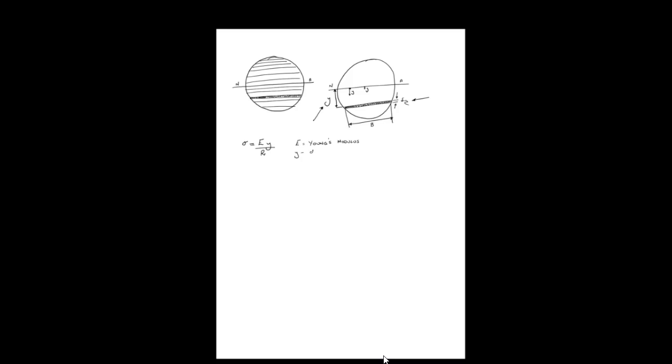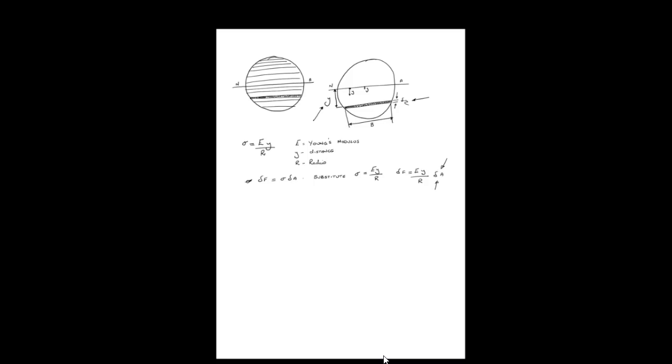We then substitute, so we now have the differentiation of F, or the force, is equal to sigma times the derivative of A. We substitute, and if you remember like Ohm's law, bits and pieces, it's like a small triangle. So we've now got sigma is equal to Young's modulus times y divided by the radius, which then is the derivative of force is equal to Young's modulus times y divided by the radius times the derivative of A, which is your cross-sectional area.